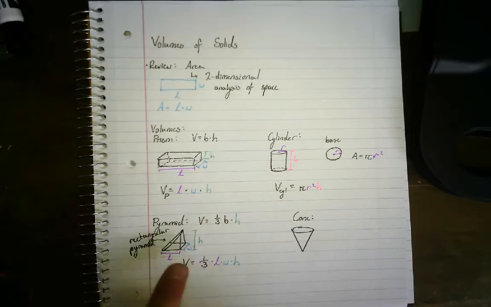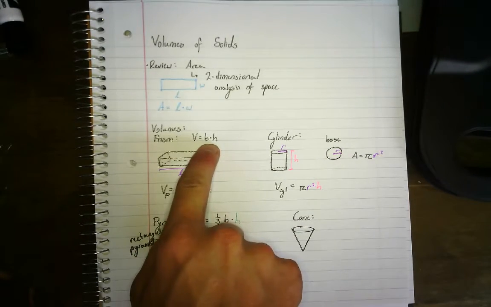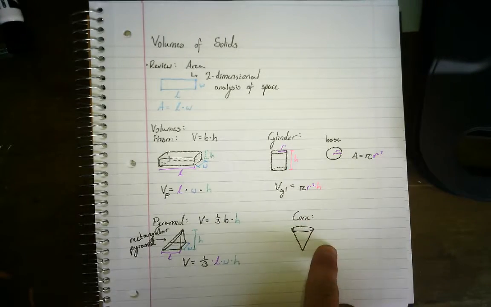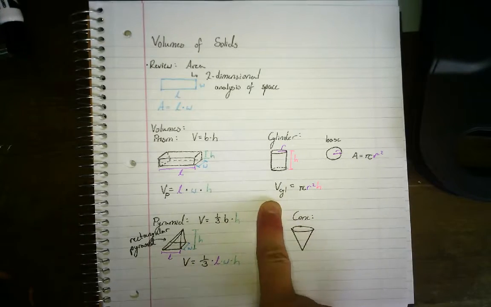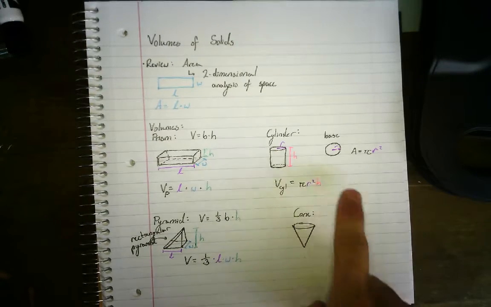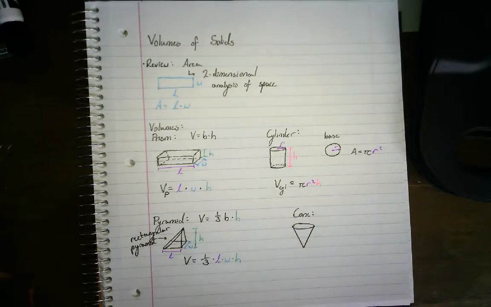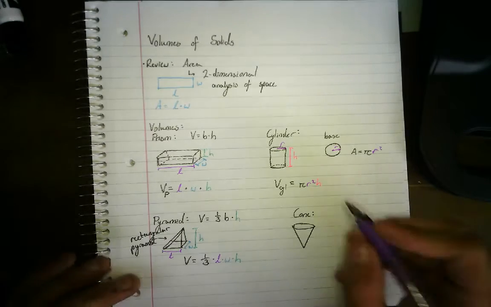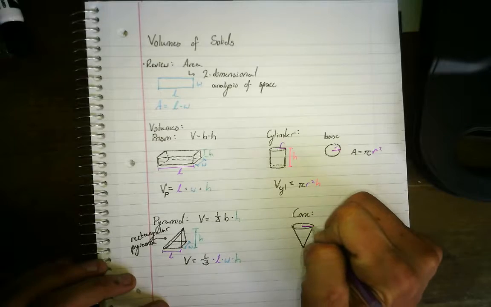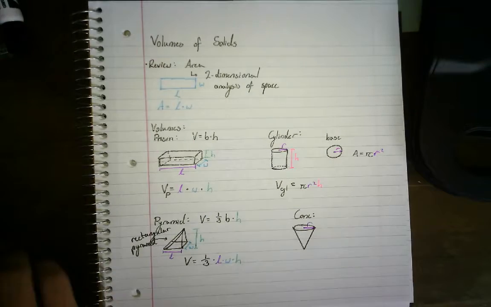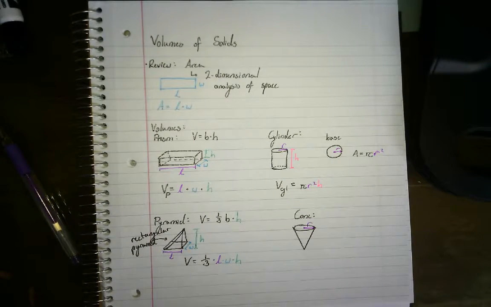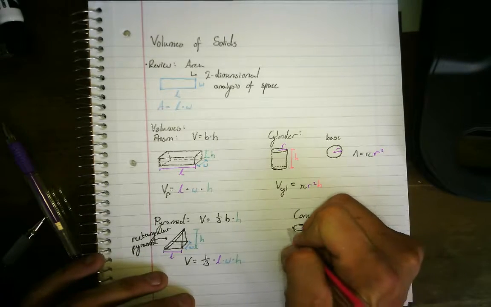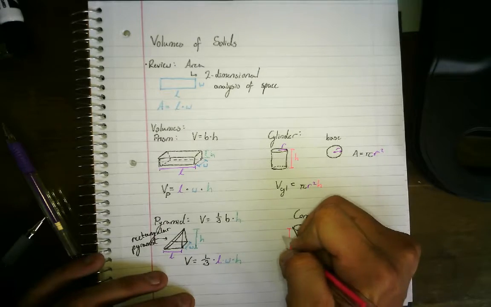So notice how our volume is equal to base times height for the prism, whereas here it's 1/3 base times height. So for the cylinder and the cone, what you really just need to do is take the volume of your cylinder and multiply it by 1/3. So in this case, our radius is defined by this cross-sectional circle, and our height is defined from the base of the circle straight to the tip.